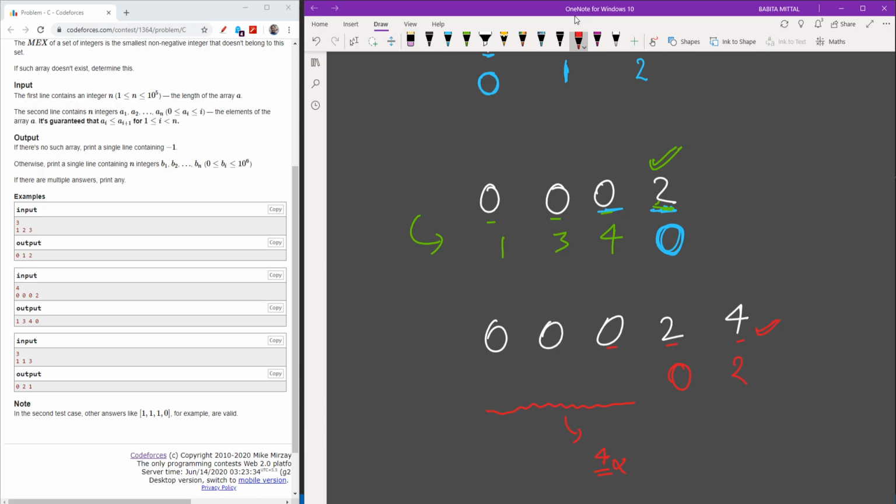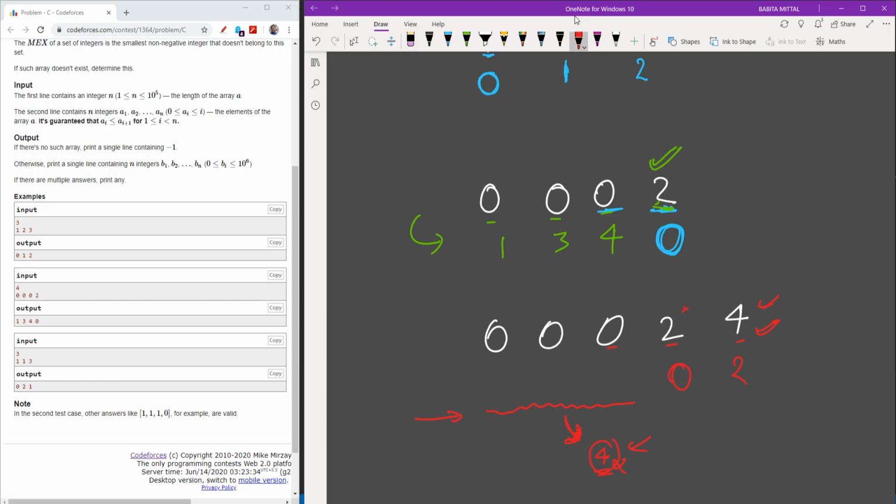I will put only those elements here which are not in the main array, which means that when I move on, I am not able to pick any element which is already present in the array. Because if I write 4 here, then the answer would not be 4. If I write 2 here, it is already 2 here.